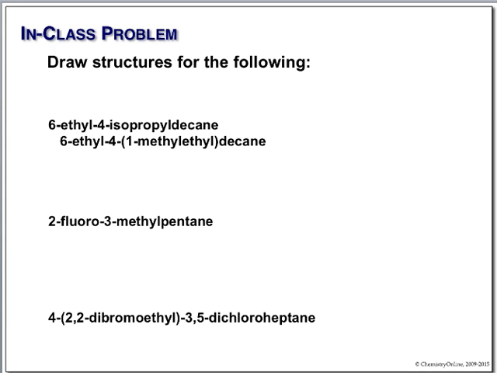What you want to start off with is your parent. It's a decane. So you want to zigzag with 10 carbons.